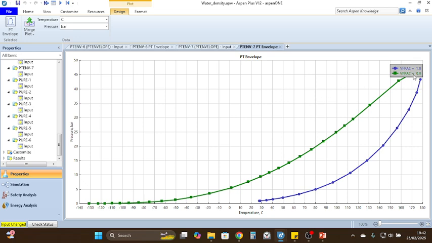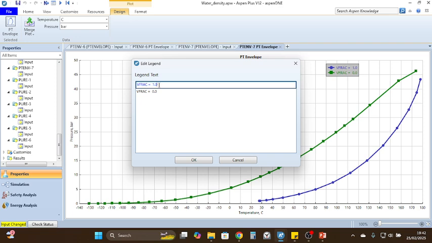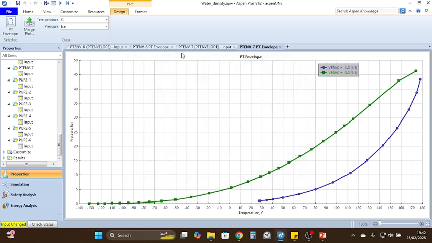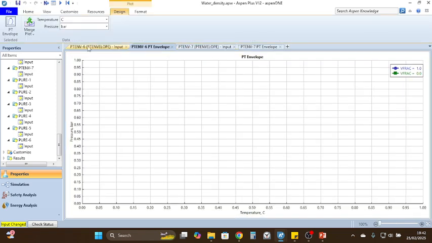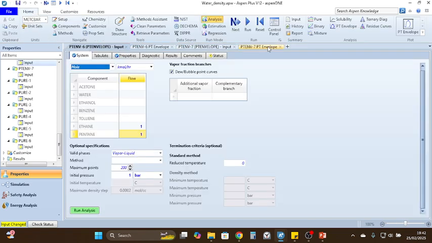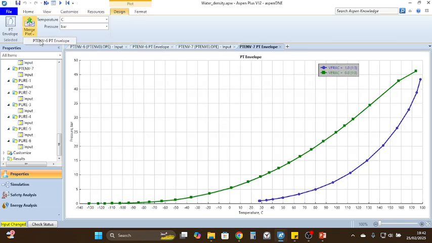So this is for 1:3. Let me make the legends a bit different. This is 1:3, and now let me merge the plots.